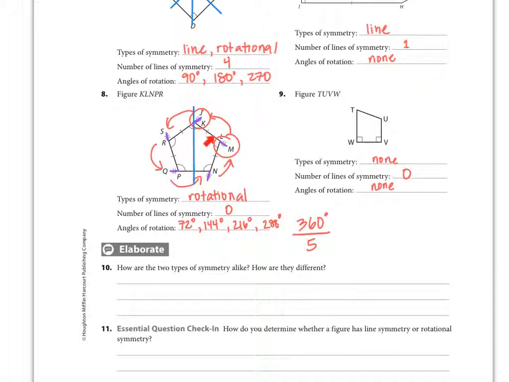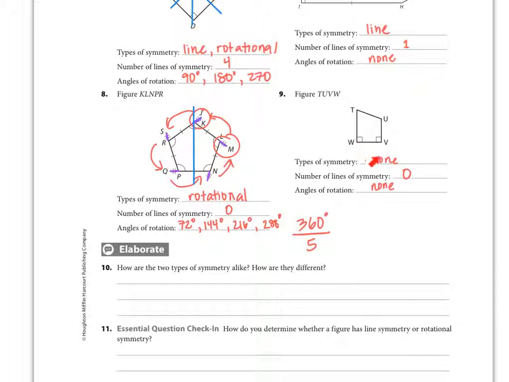If you took this right side and tried to reflect it over to this side and see if it matched up, you would see that it didn't, because this piece is going to reflect right here and there's nothing there. This piece is going to reflect down here and there's nothing there. You see the pieces up top, not at the bottom, and so on. So very, very detailed, but because of that, there is no line symmetry at all.